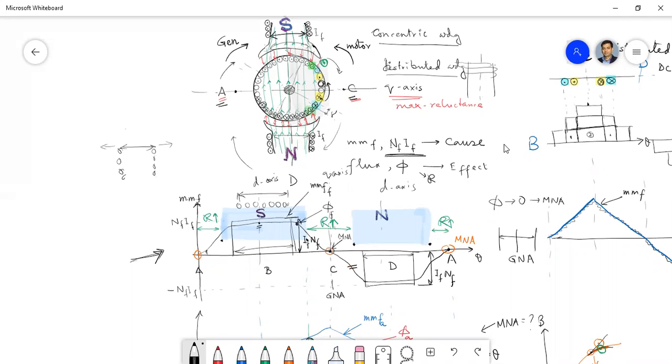Anybody? Anti-clockwise. No, that is anti-clockwise, and that is already shown here. But I'm asking, when I'm drawing in a linear way, in which direction is it moving? Right to left or left to right?